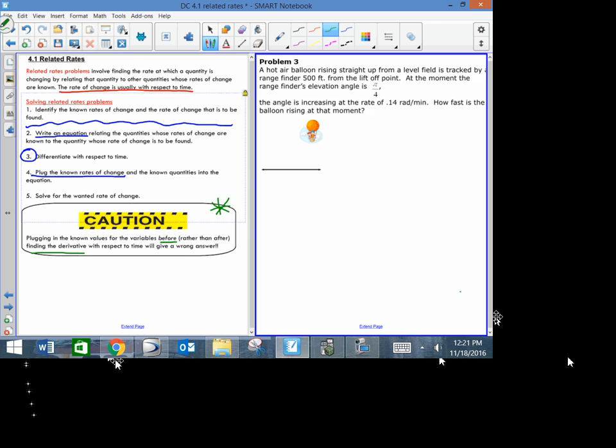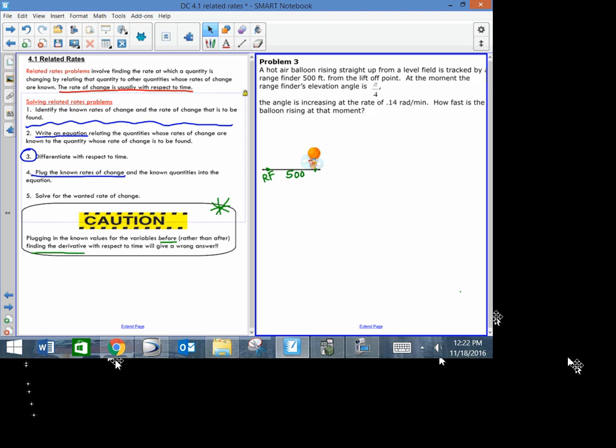So you got this hot air balloon that is rising straight up from a level field that is tracked by a rangefinder 500 feet from the liftoff point. So I'm lifting off. Where's the rangefinder? Where would you put it? Down here. Very good. So let's say the rangefinder is right here, and this is 500 from that point. Good job. So that's key.